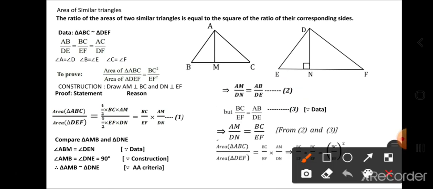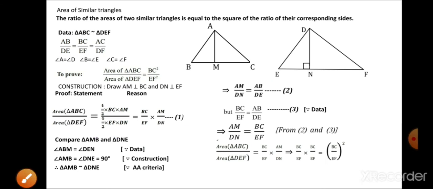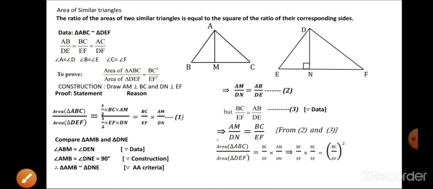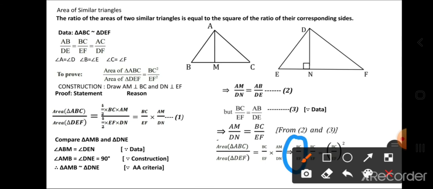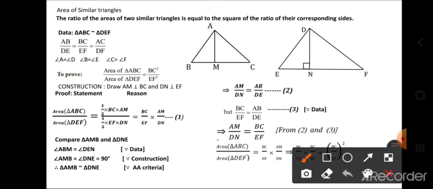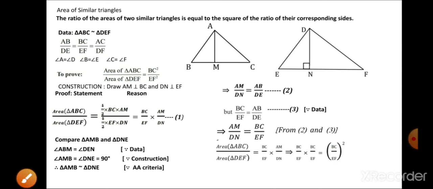Coming to the last part, in triangle ABC by triangle DEF, BC by EF was here and AM by DN we had written here. In place of AM by DN, we have replaced it by BC by EF, so BC square by EF square. At last, this is how we have got it from statement or equation 1.